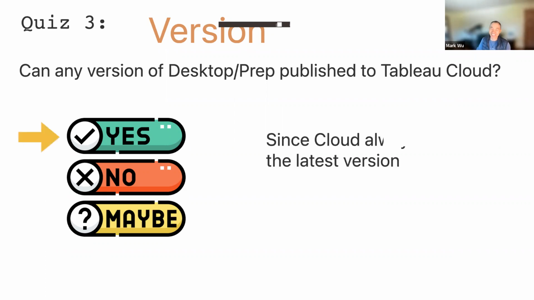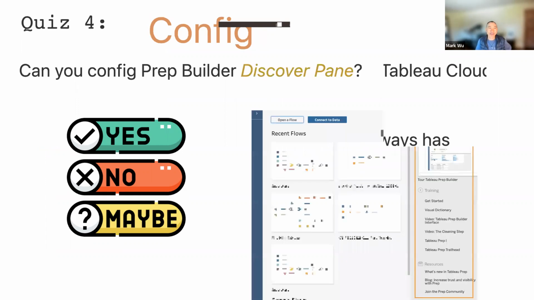Tableau Cloud, which used to be called Tableau Online, always has the latest version, so it's fine. If you download Tableau Prep Desktop, you should be able to publish to the cloud. All right.